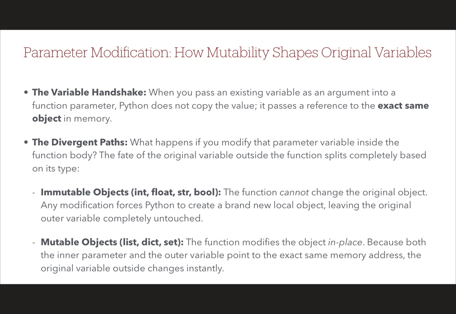When you pass an existing variable as an argument into a function parameter, Python does not copy the value. It passes a reference to the exact same object in memory. When I say a reference in memory, that means an address.